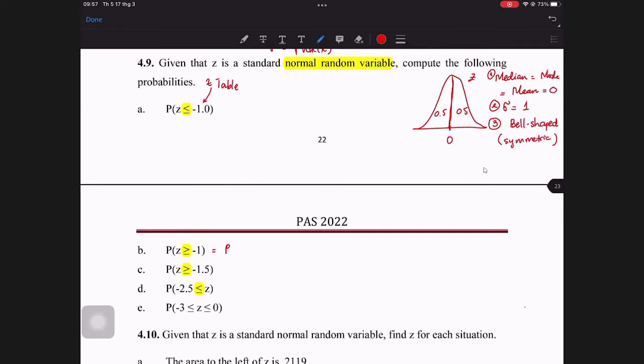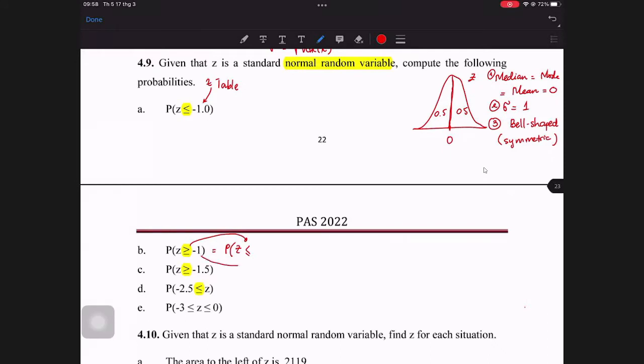So instead of having a greater sign here, we change it into a smaller sign. And for these values here, if you see that it is a negative value, please change it into a positive value. If it's a positive value, then you can convert it into a negative value.